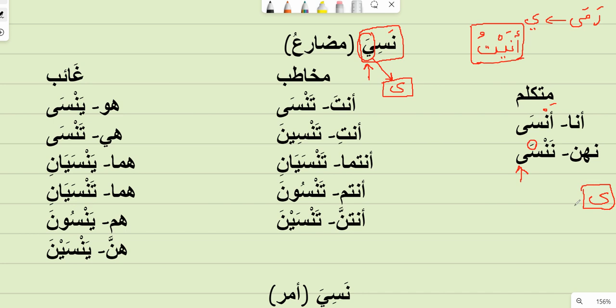Maksura means broken. As you have learned about the word kasara, in this book we did this verb kasara, means he broke. So that means broken. And the word maksura comes from kasara.